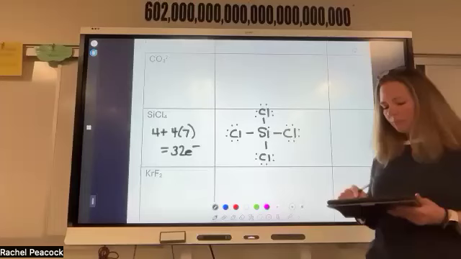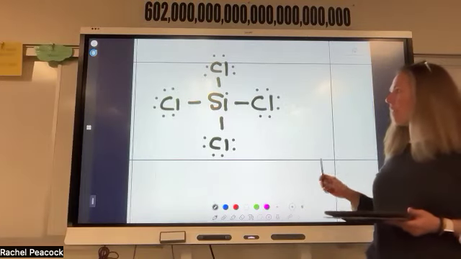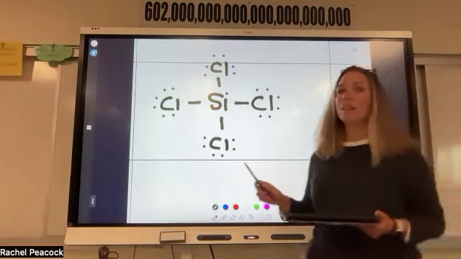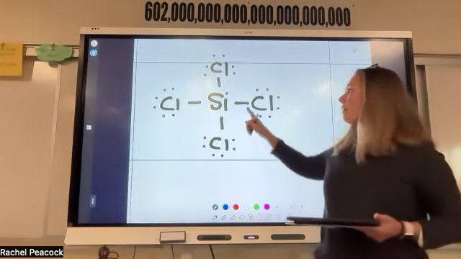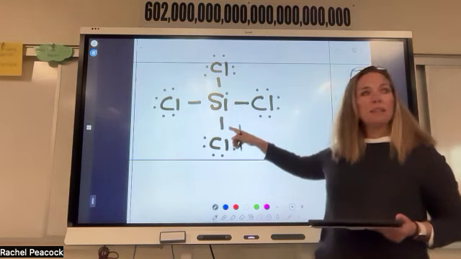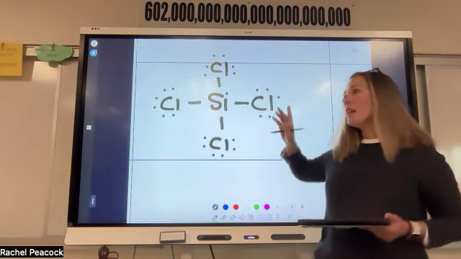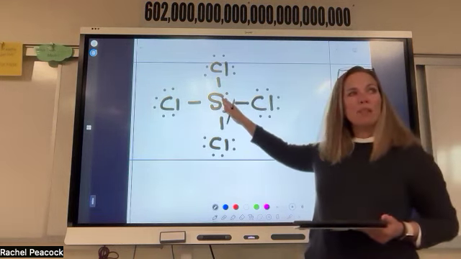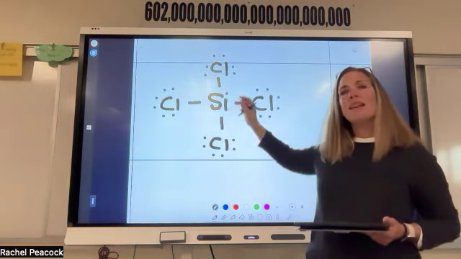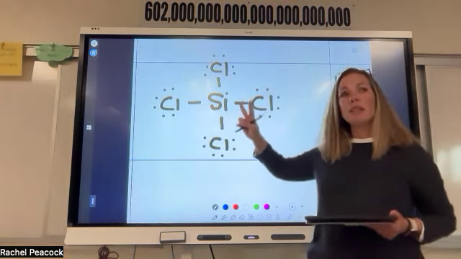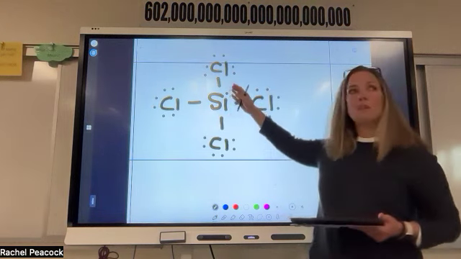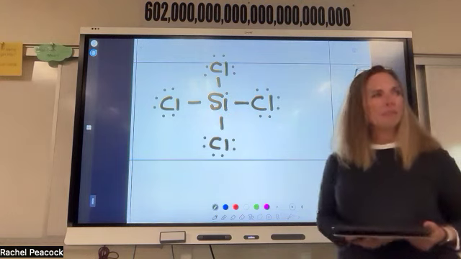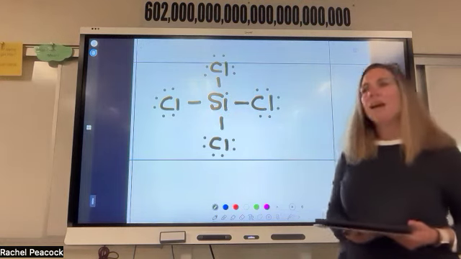Okay. Then what you do is you look at the electrons surrounding each atom. If there is a line, you only count it as 1 for that particular atom, because each line represents 2, but they're sharing. So we're assigning one of them to one atom and one of them to the other. Does that make sense? Okay.